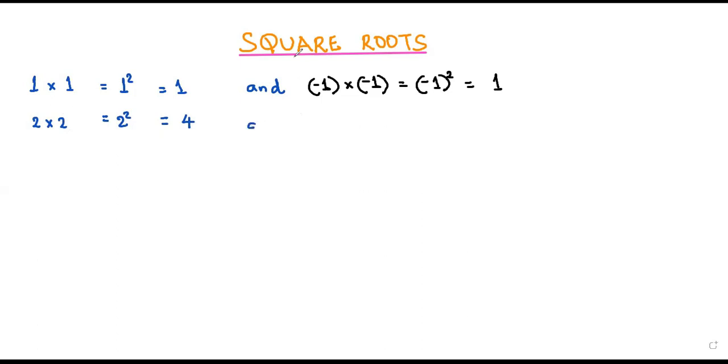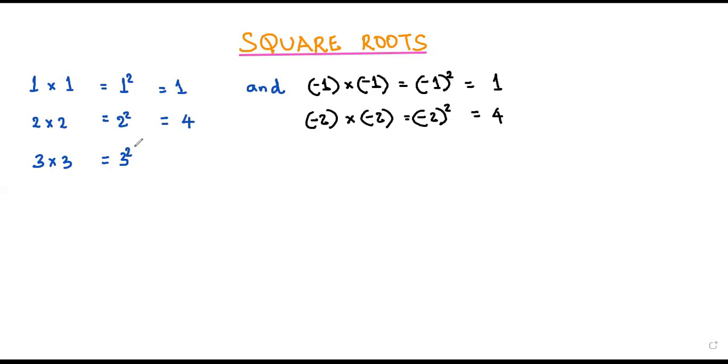Now, when we have negative 2 times negative 2, we will get negative 2 squared. And this is the same as 4. Okay, so if we have 3 times 3, what do we get, student? 3 in the power of 2. 3 squared.